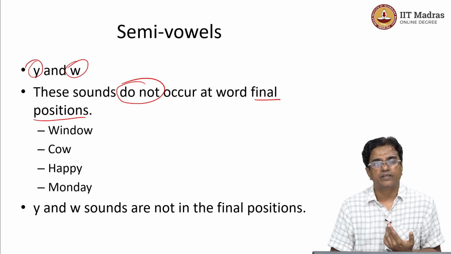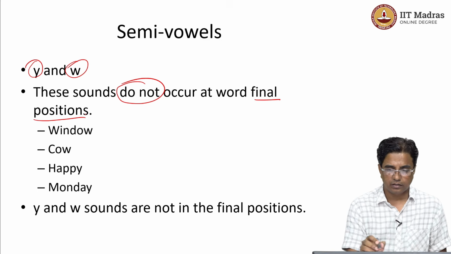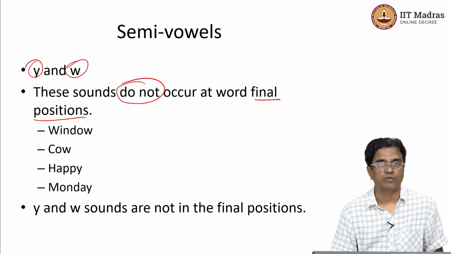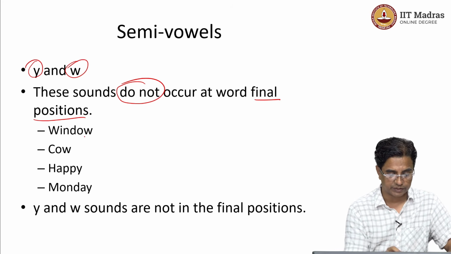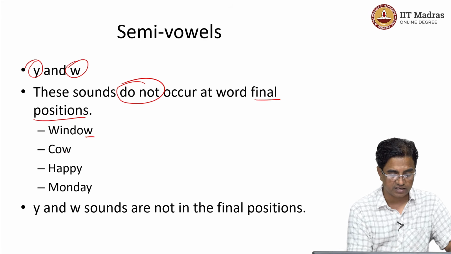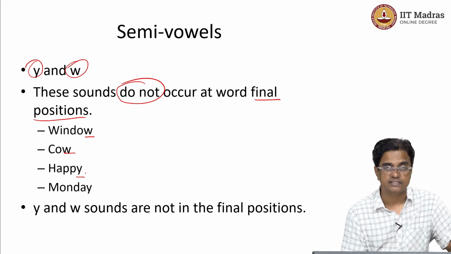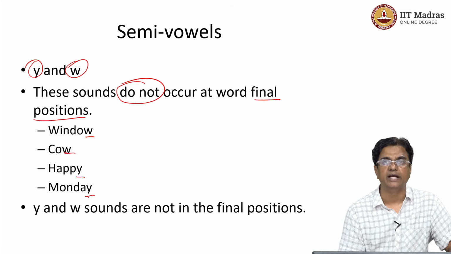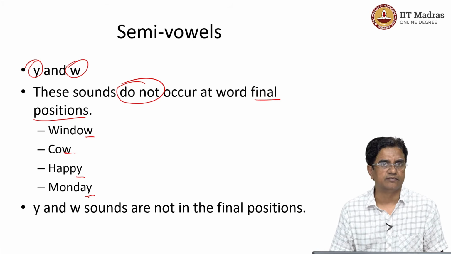Somebody can come up with counter-examples to this statement that semi-vowels do not occur in a final position. Somebody can say, look at this word window. There is a W at the end of it. Cow, there is a W at the end. Happy, there is a Y at the end. There is Y in Monday too.